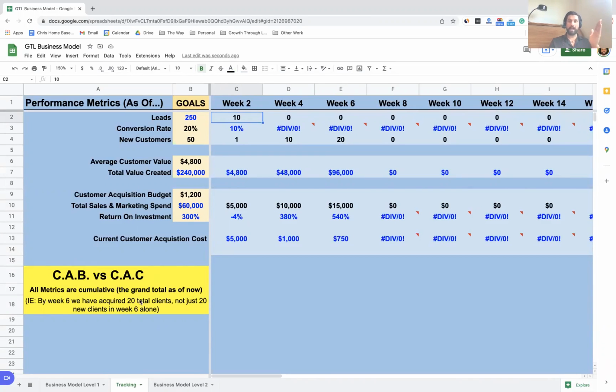By week 6, we have 20 total clients, not 20 new clients in week 6 alone. So let's say week 1, we had 10 leads, created 1 new customer, and then we had another 10 leads, which converted to, I don't know, 3 customers. And then eventually we had 40 leads converting to, I'm just throwing numbers in here, 20 customers.